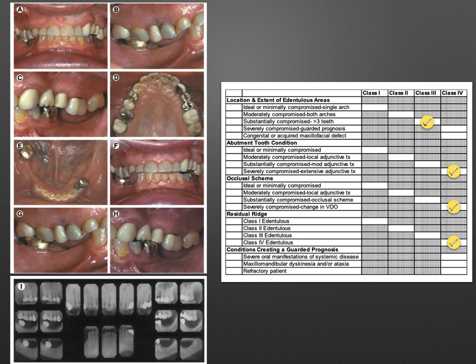So that will also be considered class 4. So in this case, the patient has 1 class 3 and 3 class 4. So we should use the worst classification. So we will say this patient is class 4. It is a severely compromised case, hard to deal with.